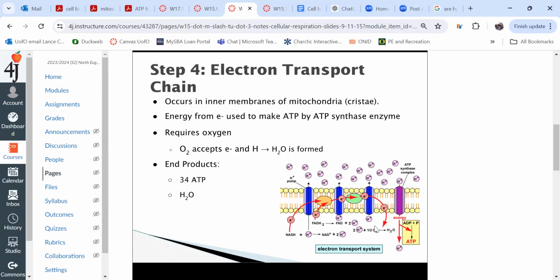And where are these hydrogens going? Oh, so now they're carrying electrons, which they spew into the electron transport chain. Oh, that makes so much sense now. ATP synthase complex.